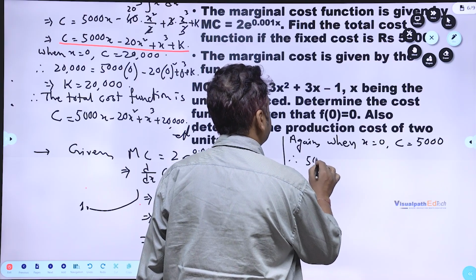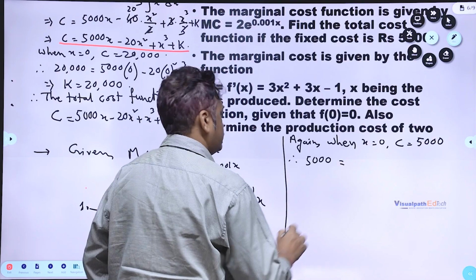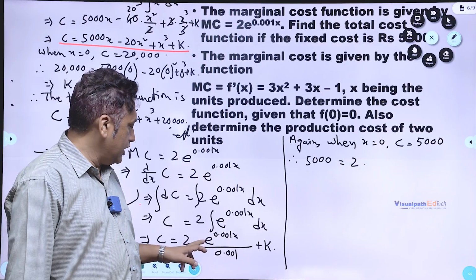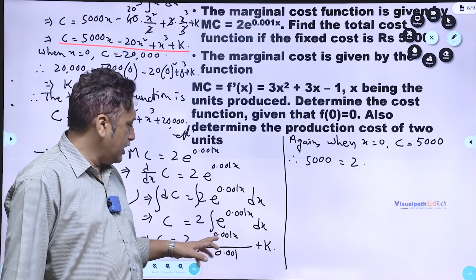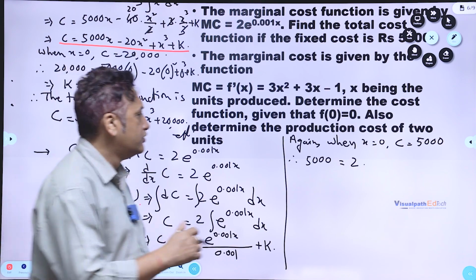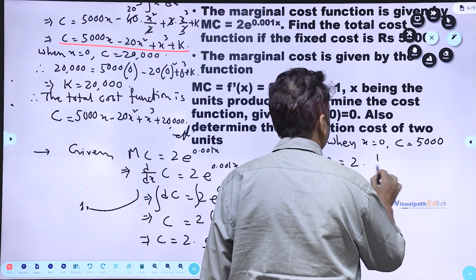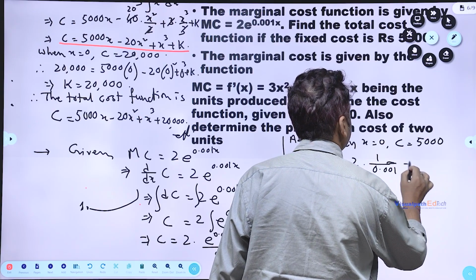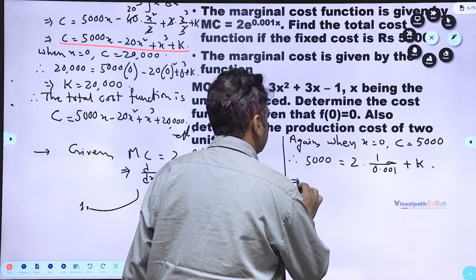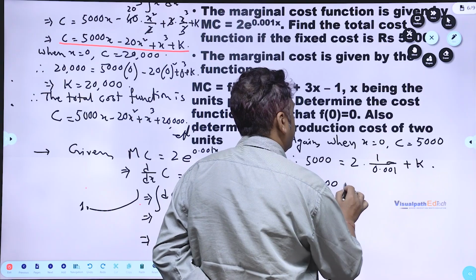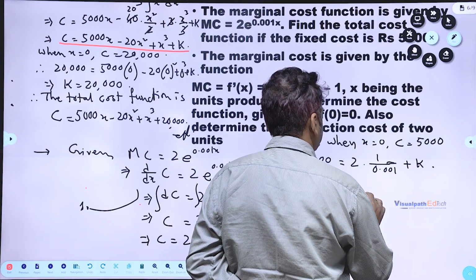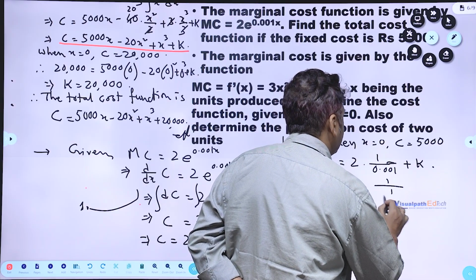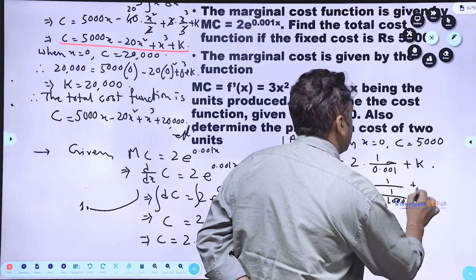Therefore, 5,000 is equal to 2 into, now x is equal to 0. So e to the power 0 is anything to the power 0, which is nothing but 1. So we can directly write 1 upon 0.001 plus k. So this will give us 5,000 is equal to 2 into 1 by 1/1,000 plus k.